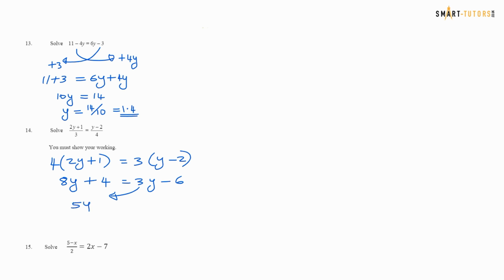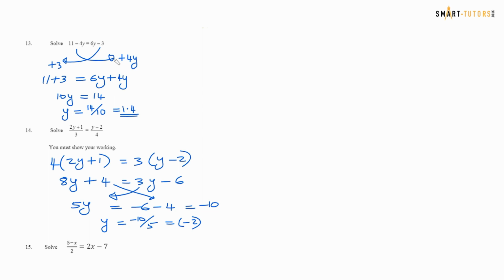So 5y equals, 4 going to the other side, minus 4, so minus 6 minus 4 is minus 10. So 5y equals minus 10, which means y equals minus 10 divided by 5, which is minus 2. That is the answer for question number 14.